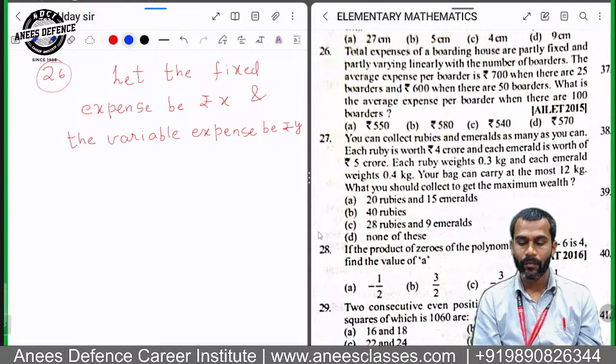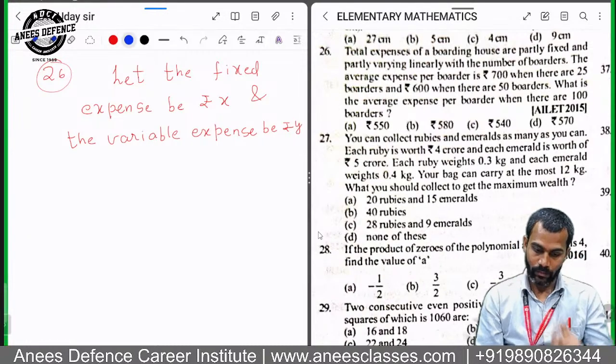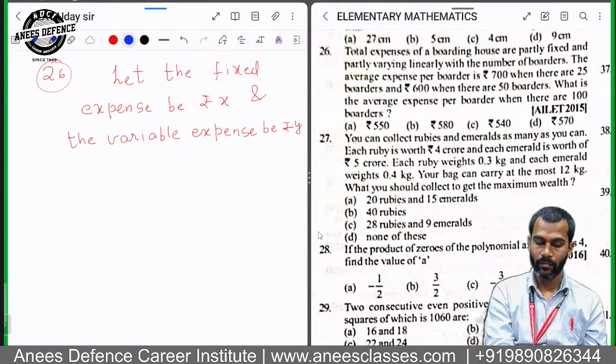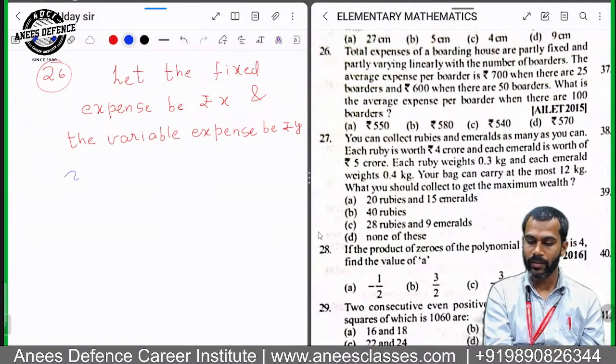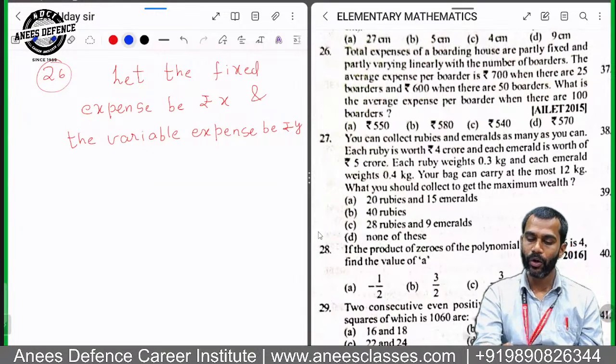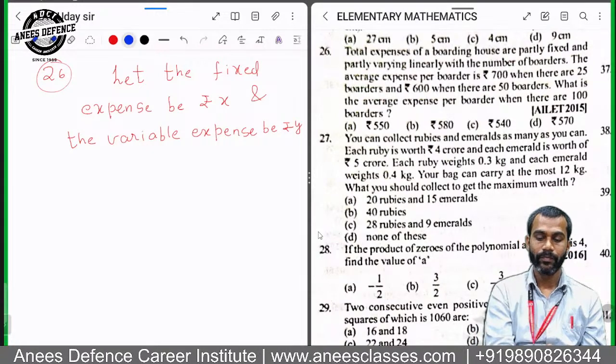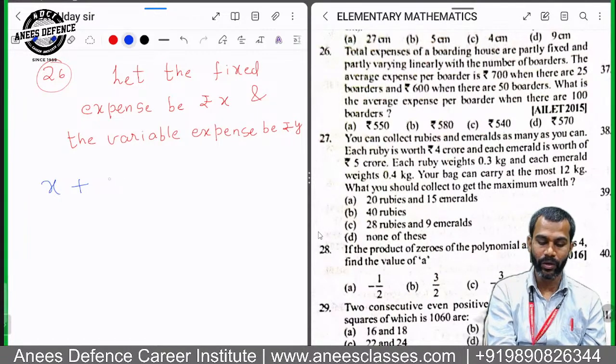Now see. What is the total expense when the number of borders is 25? So can I say x plus how many borders are there? 25.